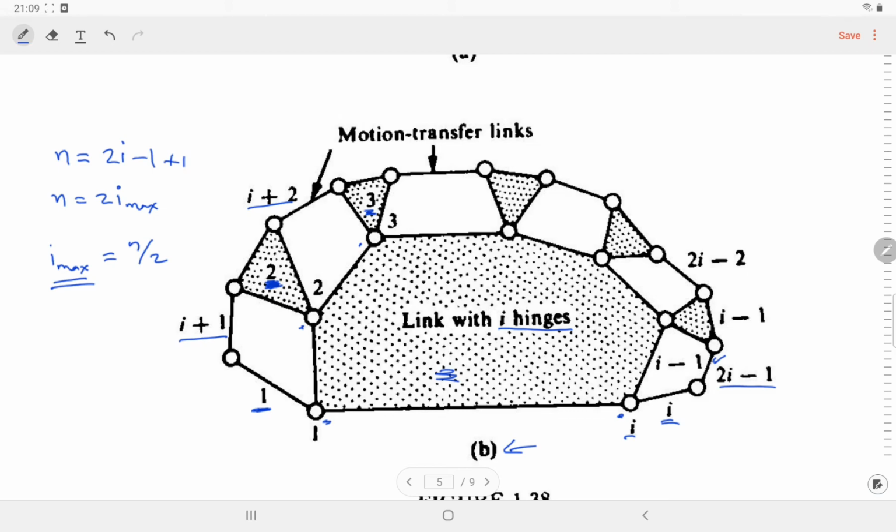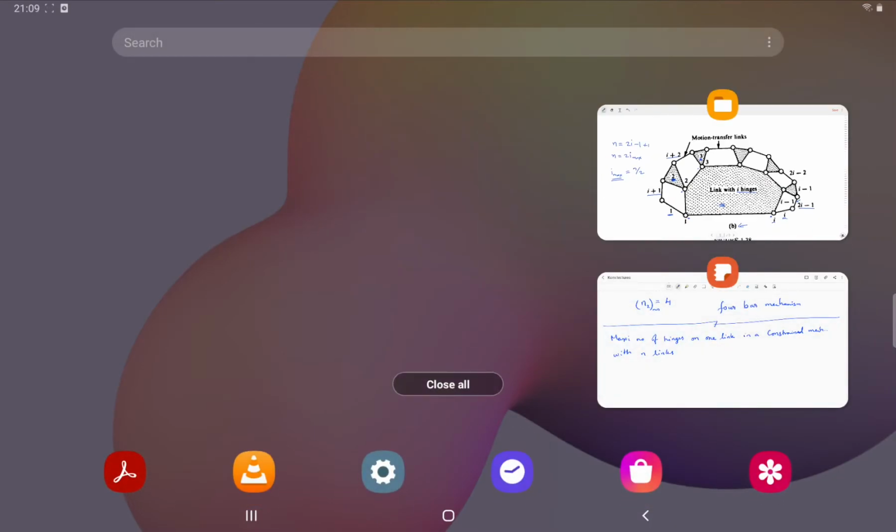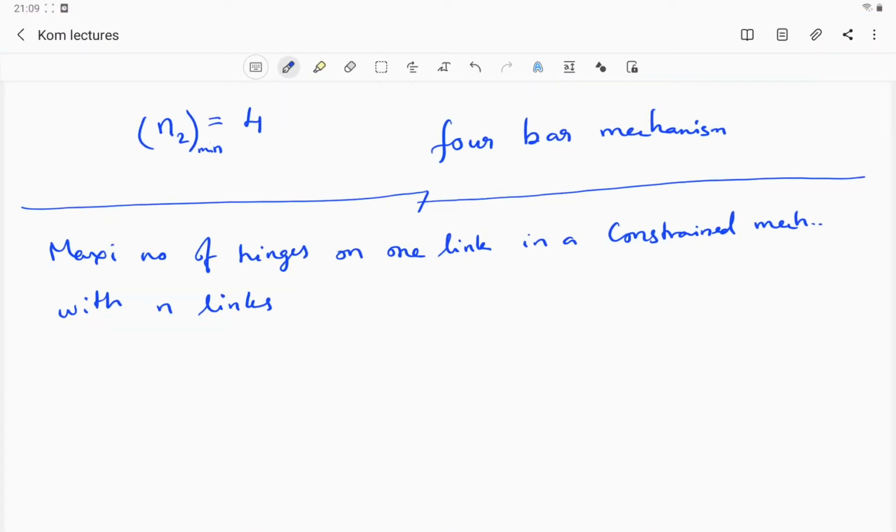So that's the solution for the maximum number of hinges on one link in a constraint mechanism with n links. Now, is it really a constraint mechanism? Let's check.